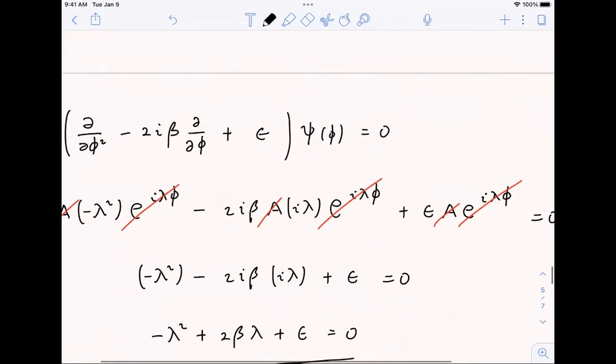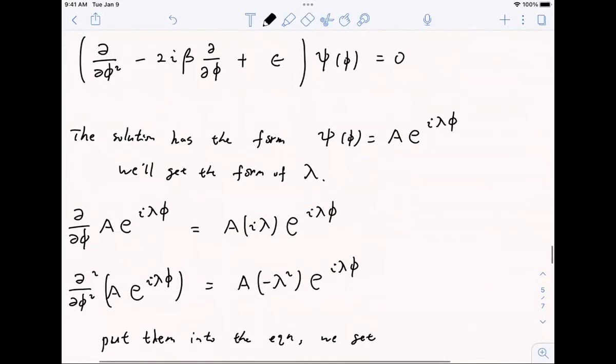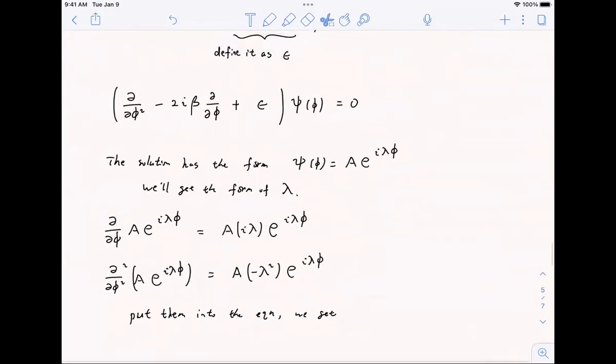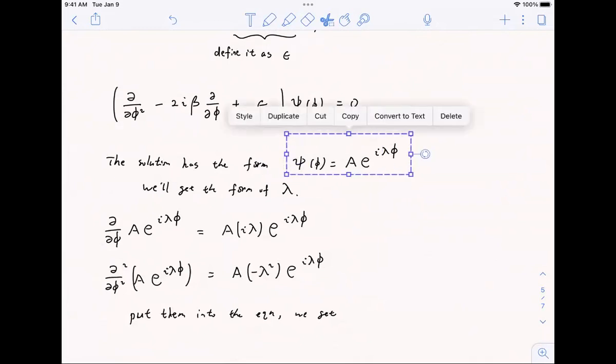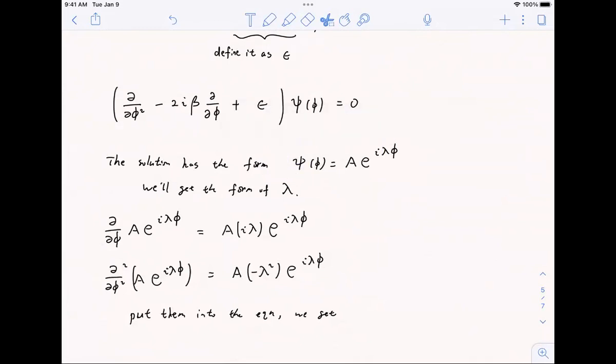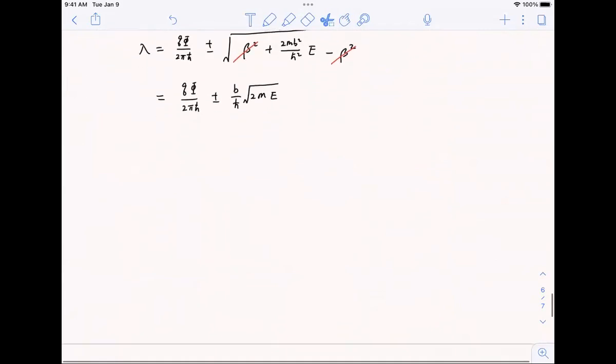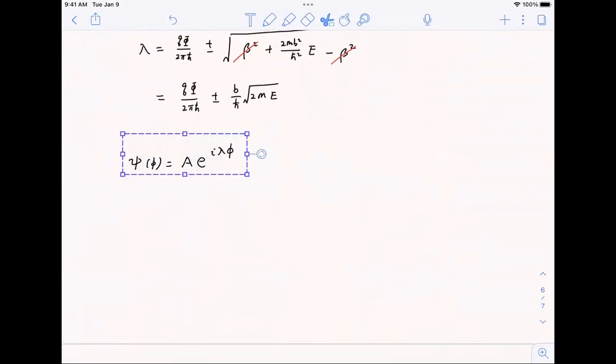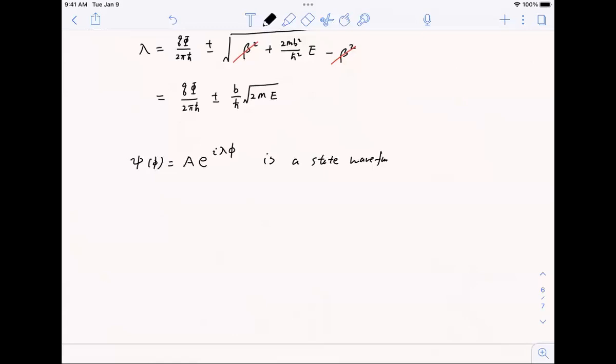Okay, now you need to know that this is a solution for a loop. It's a state wave function in a circular loop.